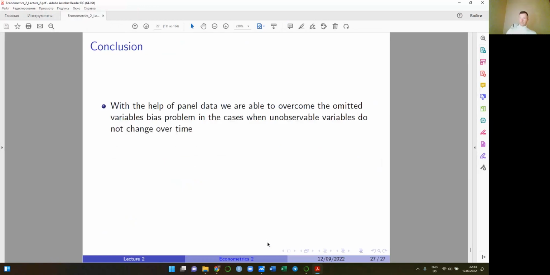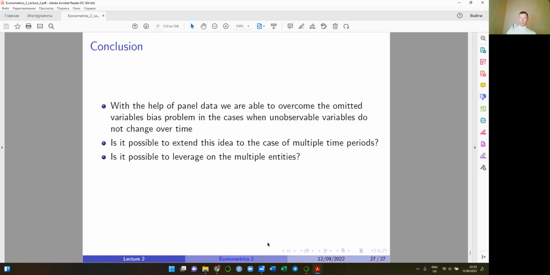To conclude this first part of our panel data discussion, a potential extension of this idea is, what if we have multiple time periods? Like in our data we have 7 periods. Now we worked with only 2 years. What if we use all 7? This is one potential development of our model.